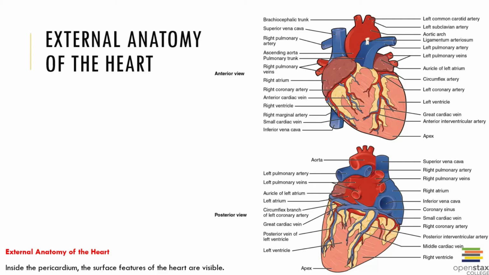The right atrium has a shallow depression called the fossa ovalis, which marks the location of the former hole in the interatrial septum called the foramen ovale, which is present during embryonic development. The anterior wall and the inner surface of the auricle contain specialized myocardial ridges called pectinate muscles. And the right atrium receives deoxygenated blood from the body, while the left atrium receives oxygenated blood from the lungs.